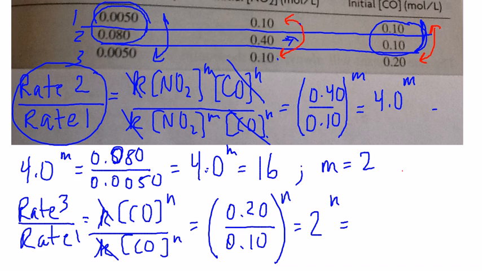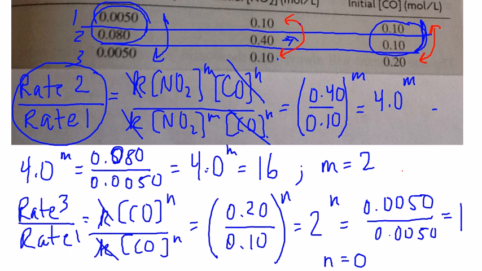The rate 3 is 0.0050, and the rate 1 is 0.0050 also. That simplifies to 1. So 2 raised to the what power gives you 1? It has to be 0, because any number raised to a 0 power is 1. So what that tells us is the rate is actually independent of the carbon monoxide concentration.